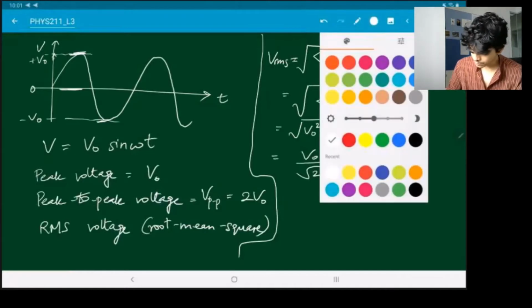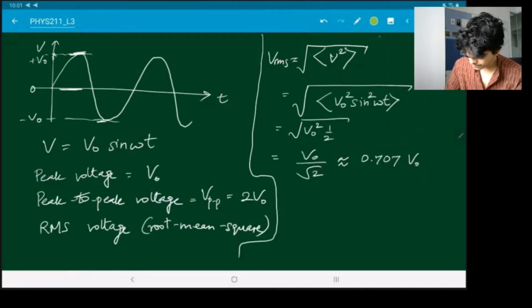So if I were to draw it, it would be somewhere over here at 70% of V0. So that is the RMS voltage.